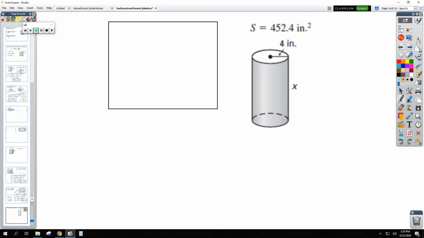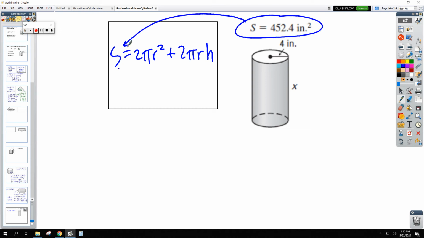So what do we do? Well, let's bring up the surface area formula. And let's plug in everything that we know. Starting with, don't we know what S is? Don't they give us what the surface area is? Sure do. I'm going to plug that in there then. Surface area here is 452.4, and that's going to equal 2 times pi times the radius.